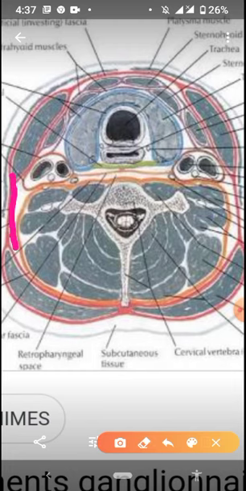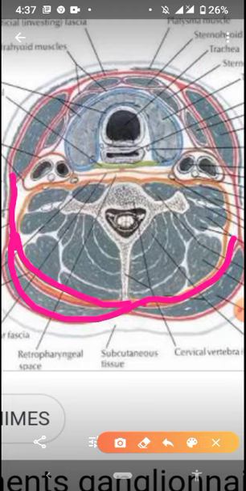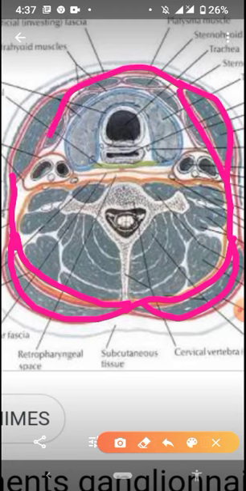The investing layer is the layer which is covering all the way in the front and in the back, and it is enclosing two muscles: this is the trapezius and this is the sternocleidomastoid muscle.